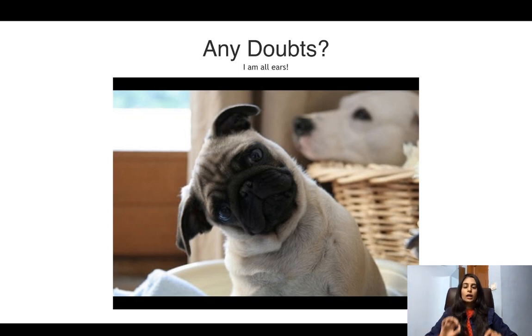Just answer to the point. Whatever the question is asking, answer only that. Whatever idea you're writing, just state that idea and give one line explanation if needed. You don't have to beat around the bush. That's not at all necessary. And for that you need a bit of guidance, and that is what we are here for. So yes, you can enroll into our courses.